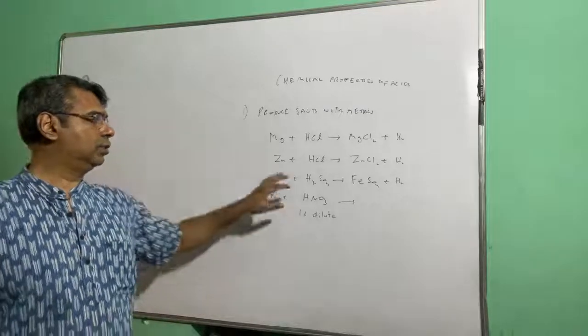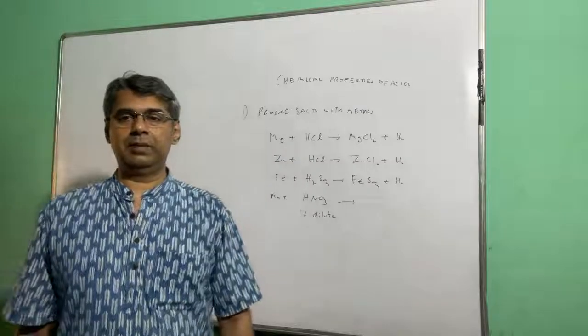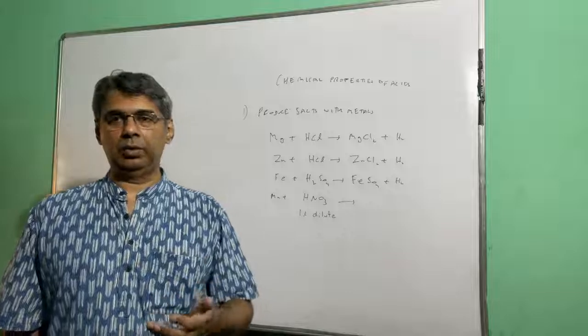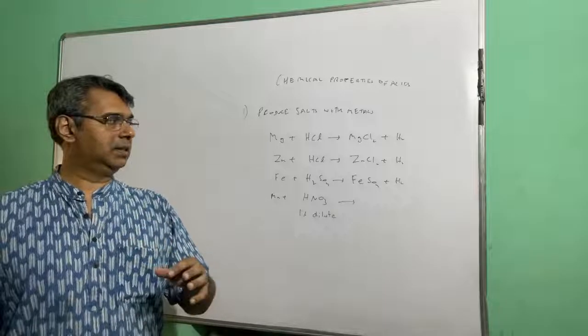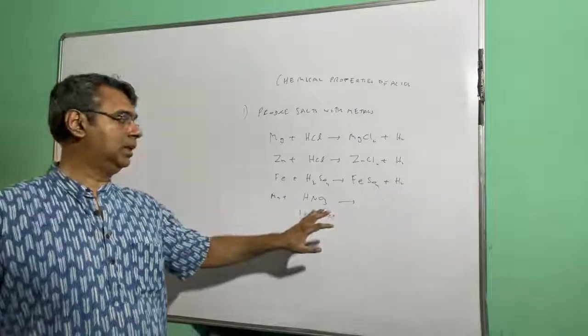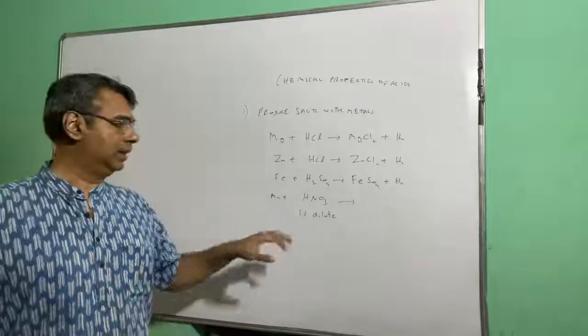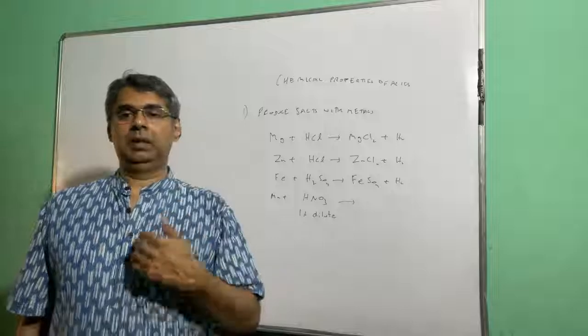So if you try to use nitric acid in this reaction, instead of hydrogen it will give some other gas like NO2 or NO, and not hydrogen. The reason is that nitric acid has an oxidizing nature.